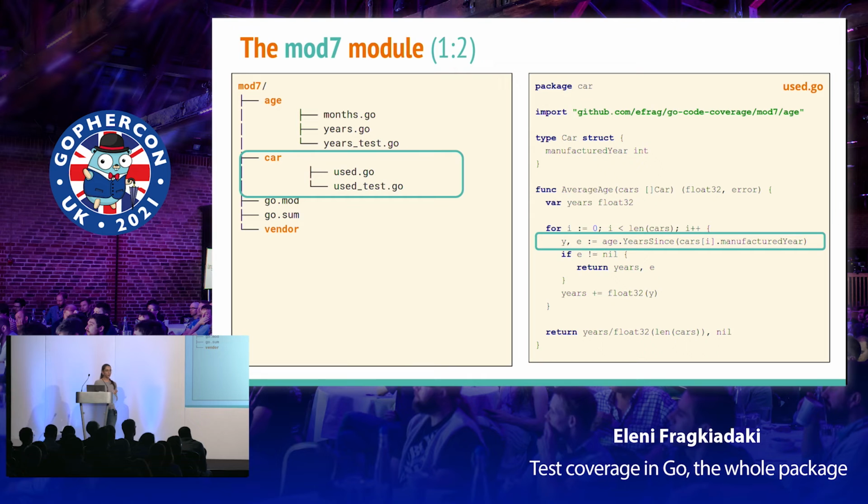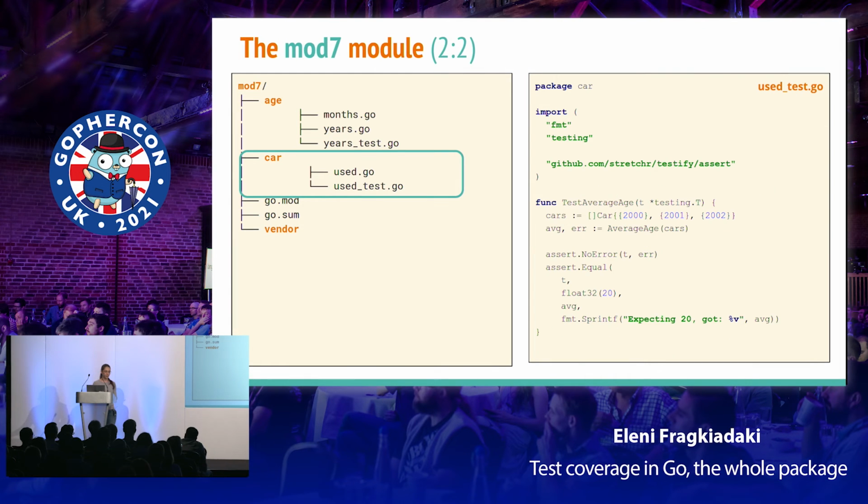And we have a function that, given a list of cars, is going to tell us what their average age is. We've already built a function that actually calculates that, and we are using it in this function. So basically, from within the use.go file, we are saying, use the age.YearsSince to calculate how many years since the manufactured date of this car, and produce an average.